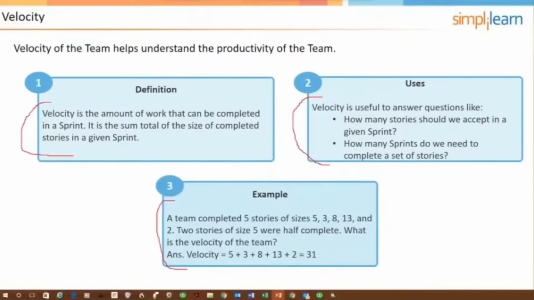And the answer is either going to be 31 or 36. 31 is the sum of the completed user stories. If you said 36, you were claiming half of the 2 that were 5. So that would be a total of 10. So you claim half of it, which would be 5, which would take you to 36.